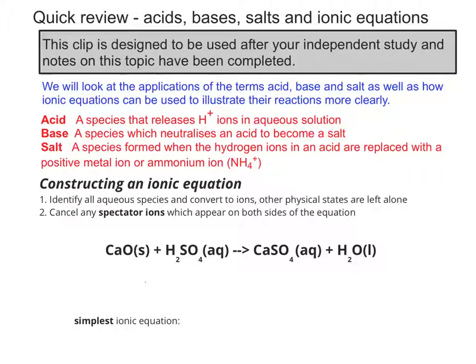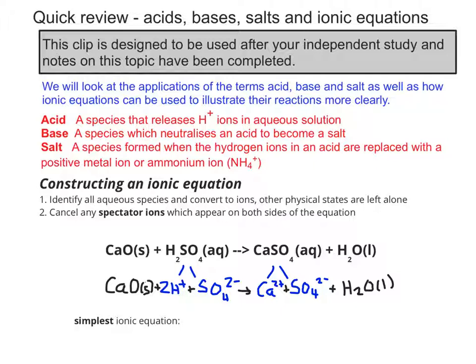So let's have a look at another one. This time the calcium oxide is a solid, so it's added to H2SO4, and therefore the calcium oxide and the water get left alone. So it's only the H2SO4 and the CaSO4 that get turned into their respective ions. So again, you can add in the calcium oxide and the water, and add everything up on the left-hand side, add everything up on the right-hand side, and write an arrow in between to turn it into an equation.